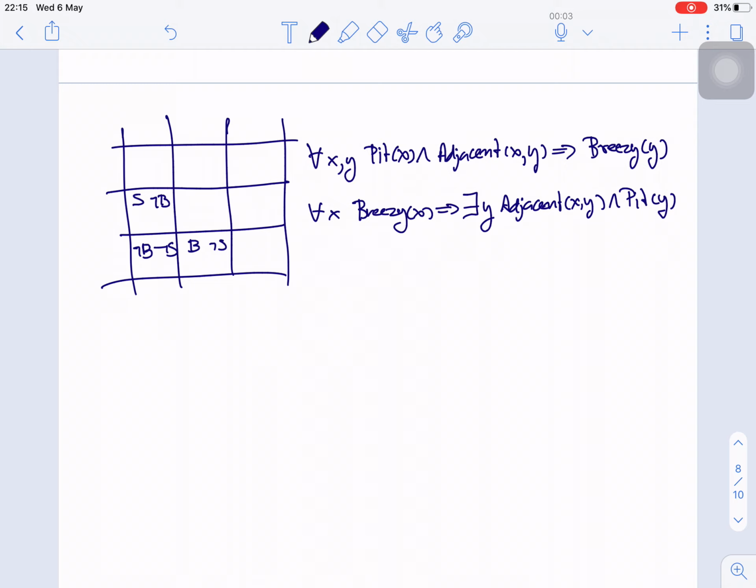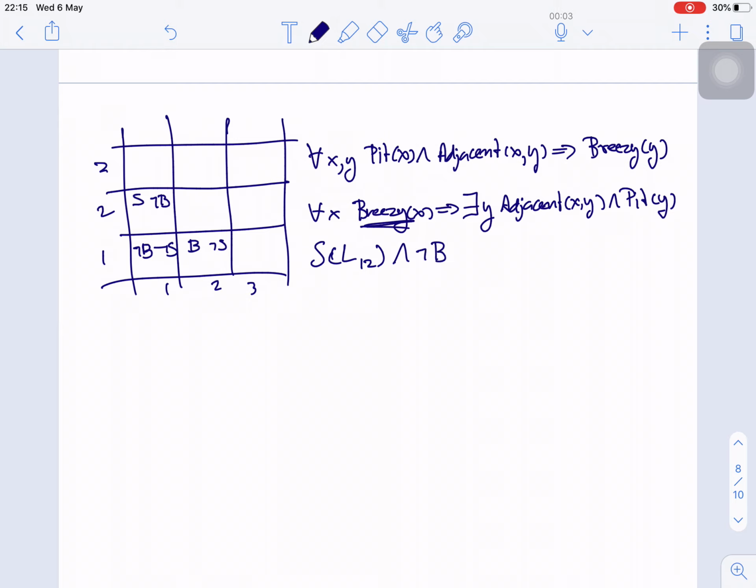Let me make it shorter because we have to write it many times. Okay, so smelly is S, or breezy is B. Smelly at location 1 2, and not breezy.